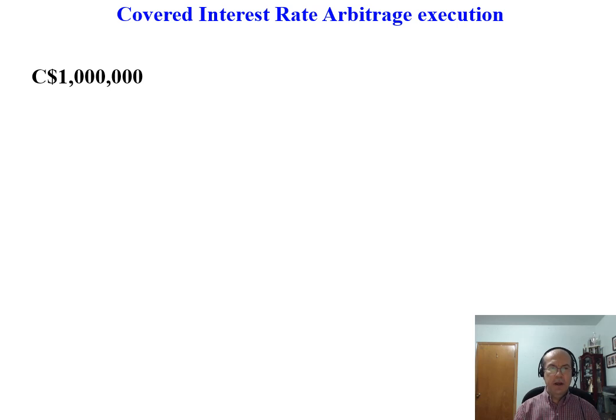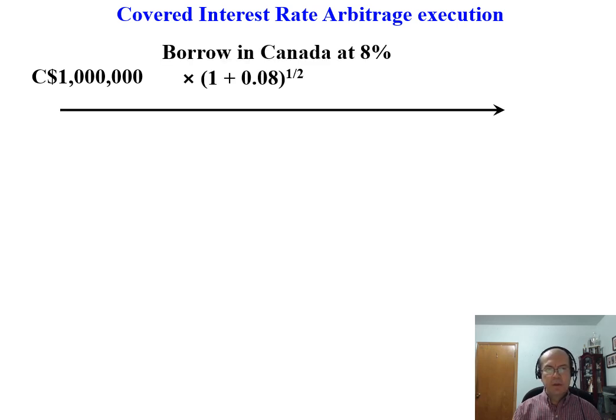A trader is authorized to trade 1 million Canadian dollars. From the previous discussion, we know that a trader needs to borrow in Canada. The interest rate in Canada is 8%. To calculate how much a trader will owe in 6 months, we have to multiply 1 million by 1 plus the Canadian interest rate, which is 8%, to the power 1 over 2.